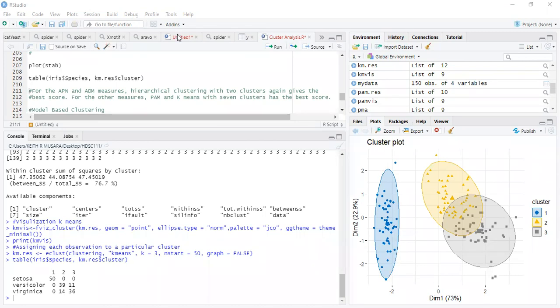Kelvin, go ahead. What I think is that 2 clusters are appropriate, because if we look at the data, those 2 classes, Versicolor and Virginica, have something in common.